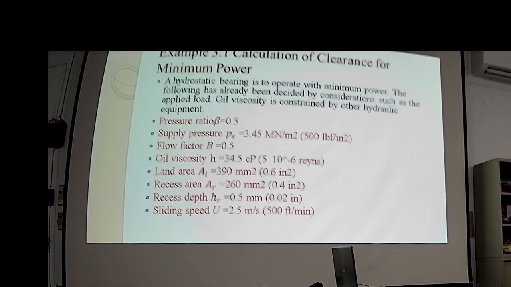So we have an example in page 57 of giving you a hydrostatic bearing operating with minimum power. We have a pressure ratio and supply ratio and flow factor, viscosity, length and area, recess area, land, sliding speed.